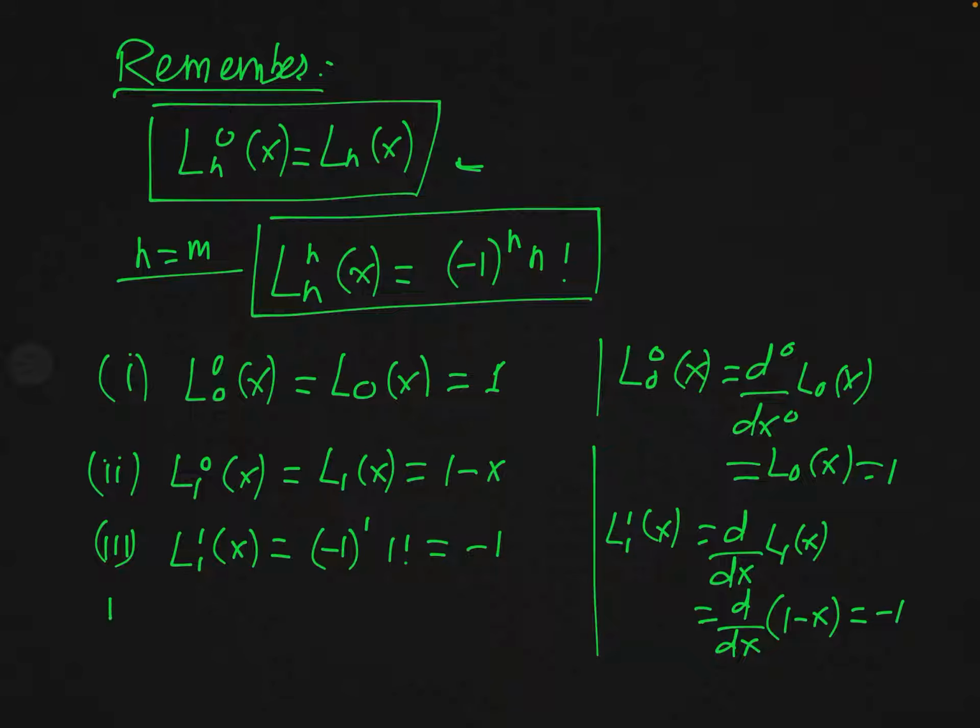Now let us see the value of L_2^0(x). We will again use this property L_n^0(x) equal to L_n(x). So this will be simply L_2(x), and you have seen that L_2(x) is x squared minus 4x plus 2.